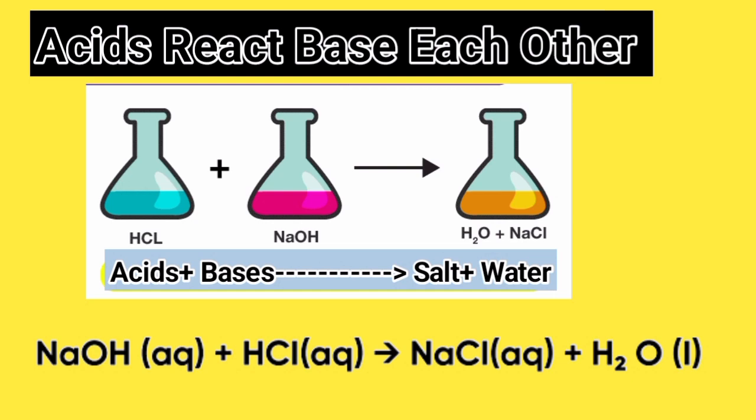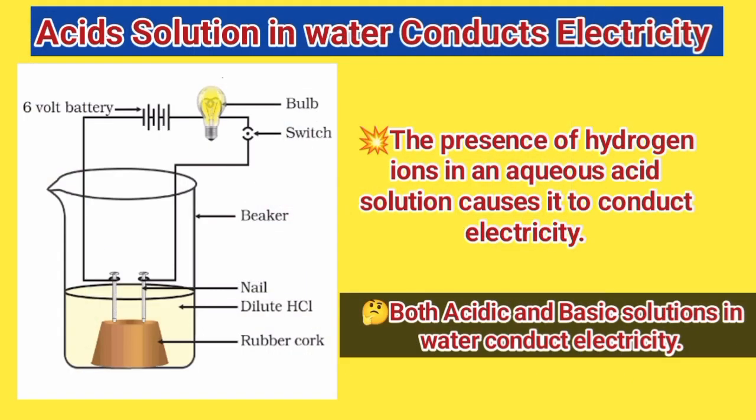And next, coming to another property: acid solutions in water conduct electricity. Yes, acid solutions and basic solutions are both good examples of conducting electricity. The presence of acids means H plus ions, hydrogen ions, are contained, and base solutions contain OH minus ions.